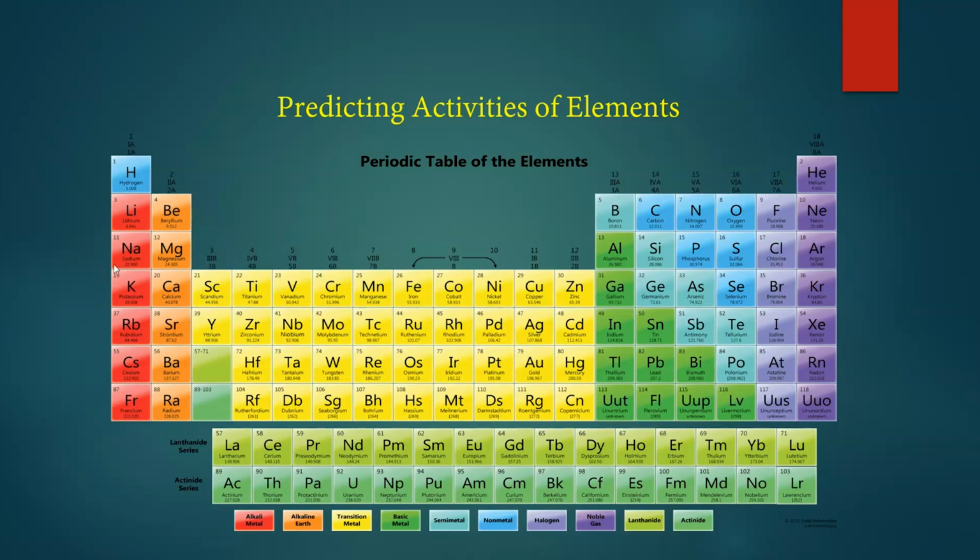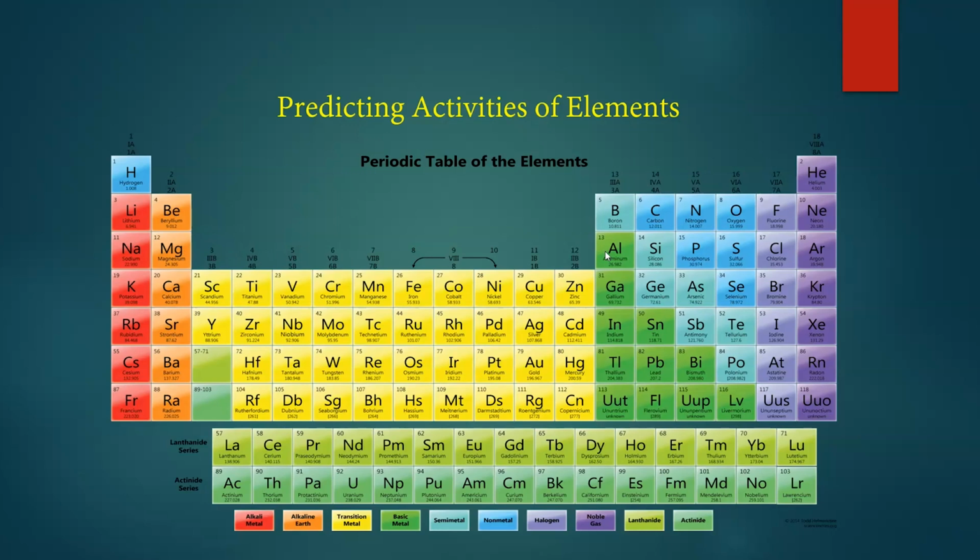Now, this trend really only works in the S block and the P block. So if the elements are in the D block, there's really no good way to compare them. But if you're in the S and the P block, it's easy to make a comparison. For example, suppose we did a reaction between magnesium and aluminum.